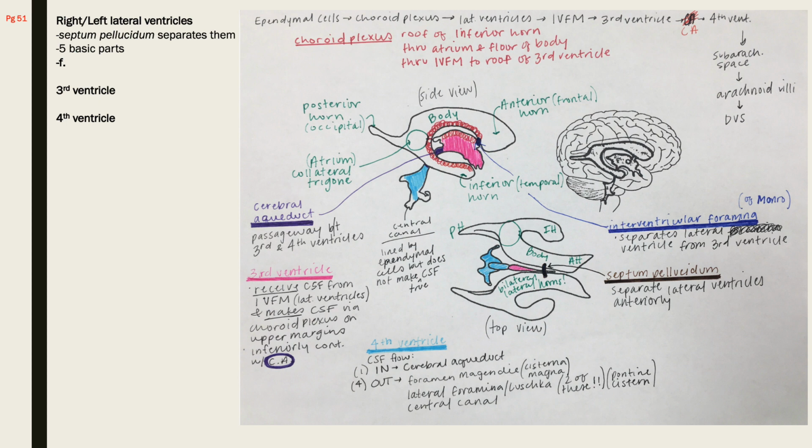I'm going to start inferiorly on the lateral ventricle. We have an inferior horn, and then we have an atrium, also known as a collateral trigone. Know both of those terms. And then we have a posterior horn, a body that runs into the anterior horn. So the 3 horns we have are inferior, posterior, and anterior.